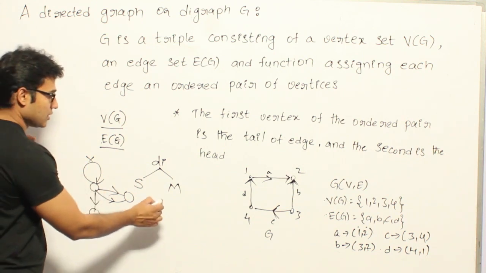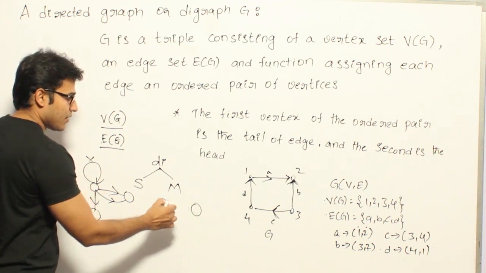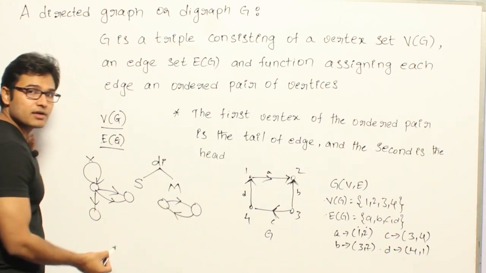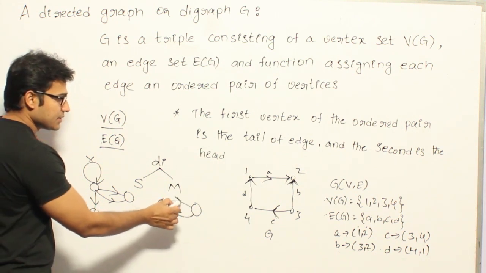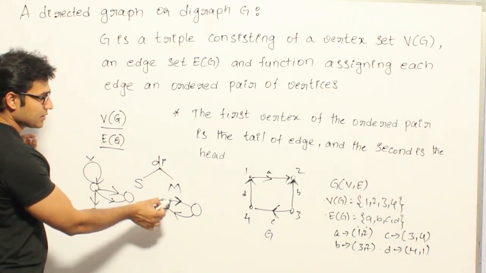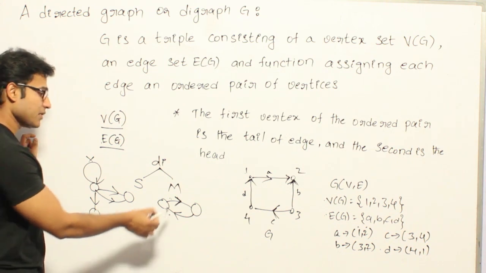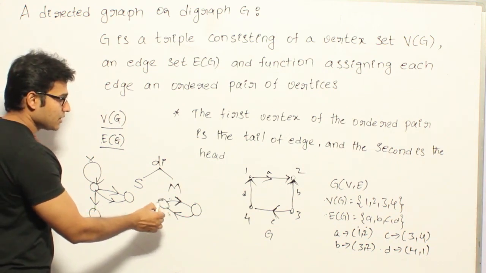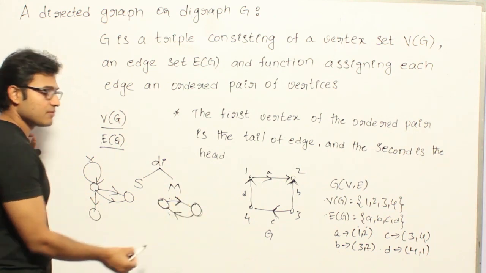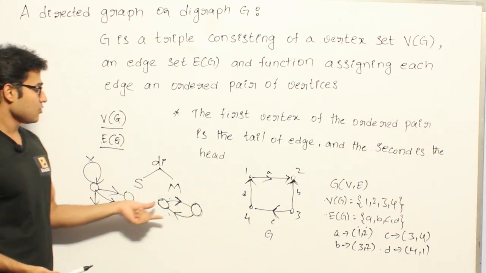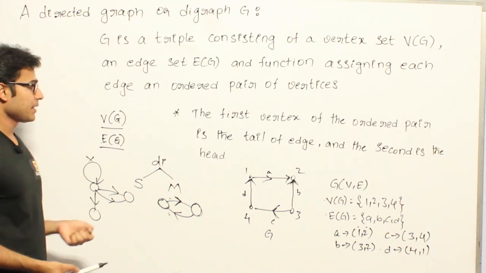But just be careful, if you have one edge this way and another edge this way, still this is a simple directed graph. But in case of undirected graphs, this is not a simple graph. In case of directed graph, this is a simple graph. The reason is, we should have the same tail and same head in order to qualify as a multigraph. Got it? Okay.